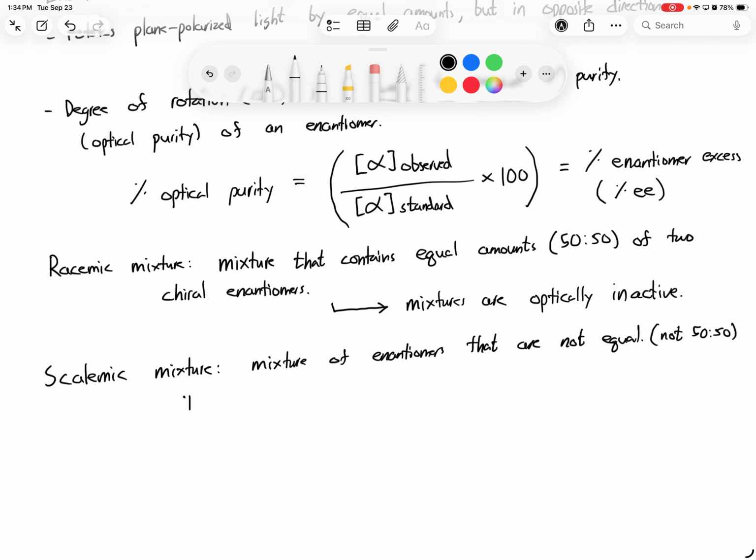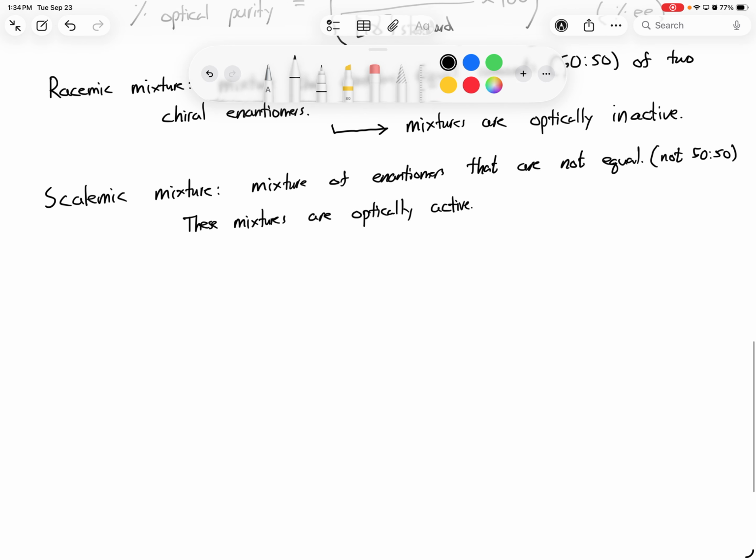These mixtures, do you think they'll show activity or no activity? Yeah, they'll be optically active because you have an excess of one enantiomer, so you're going to show some rotation here. All right, so we know that enantiomers are optically active, so they'll rotate light in either the positive or the negative direction, okay? So let's do an example here.